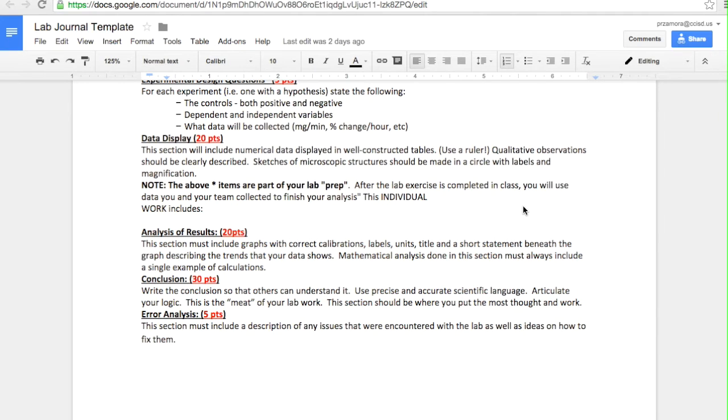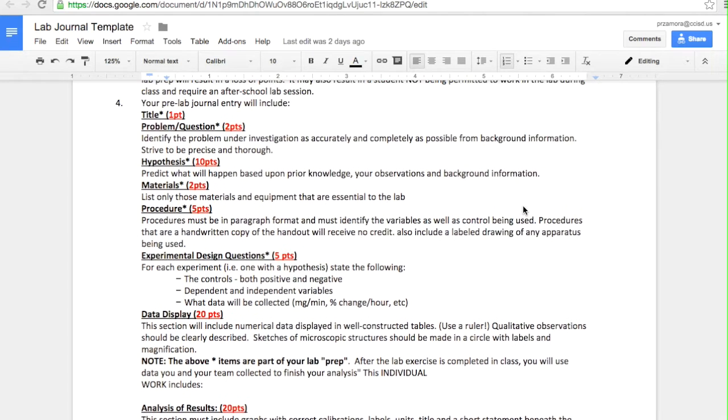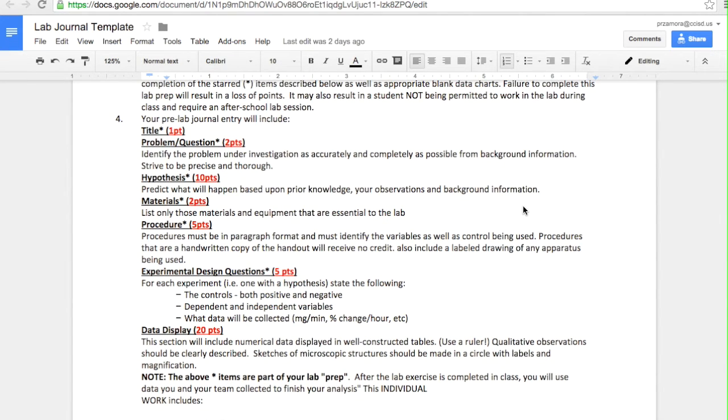If you look closely at each section, you will notice that there is a point value given. The point values are not equal for each section. The sections that contain information that I have given you and you have simply copied into your lab journal are not worth very many points. However, the sections that contain information that you had to develop and come up with on your own are worth quite a few points.